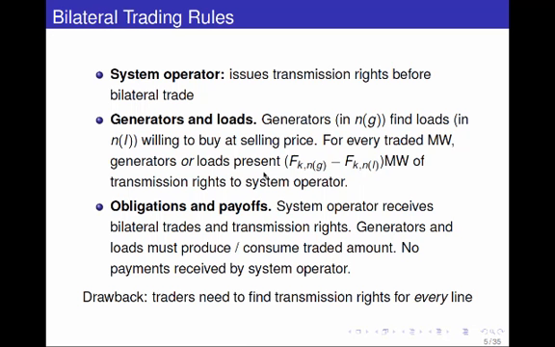suppose these two lines have the same reactance. Caitlin, suppose the two of us agree on a 1 megawatt exchange, and suppose you're the one responsible for buying the rights. How many rights on each line do you have to present to the operator?